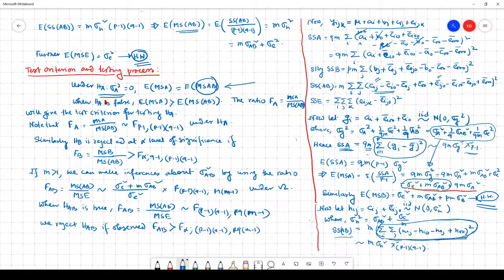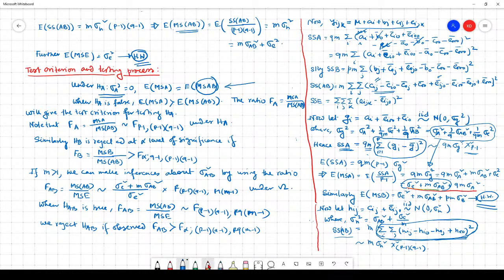Moreover, in this model, we observe that this F ratio always follows central F distributions, even if the null is true or false. But for the fixed effect model, when the null hypothesis is false, it is a non-central F distribution. These are the differences. Please note down.